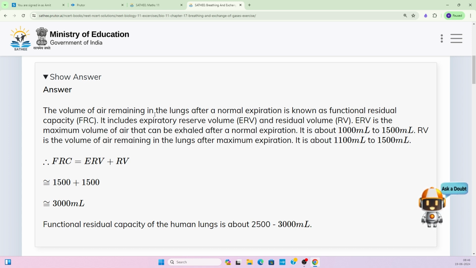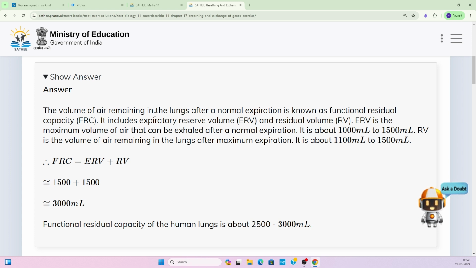And what is the residual volume? It is the volume of air remaining in the lungs after the maximum expiration. When we do the maximum amount of expiration, some volume of air still remains in the lungs, and that is called residual volume.